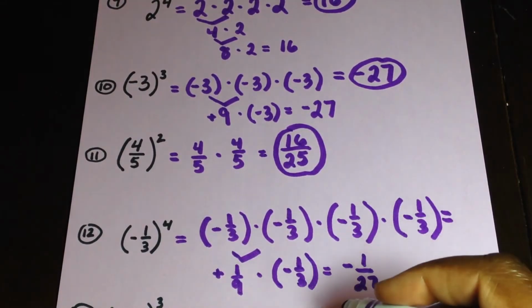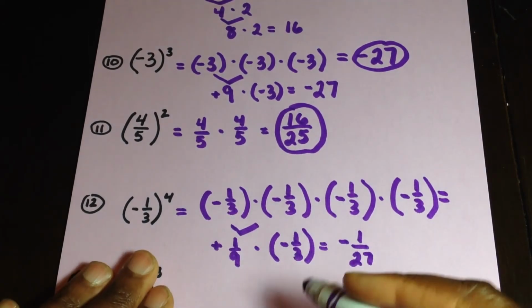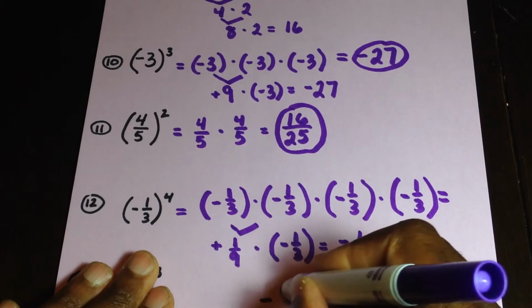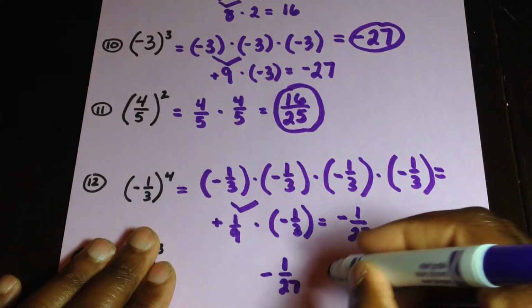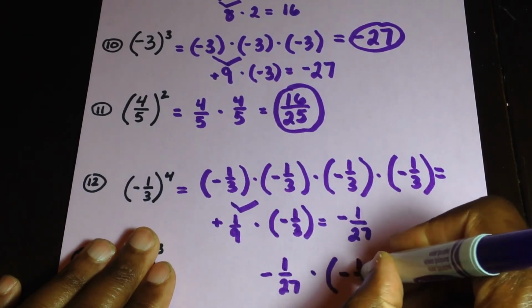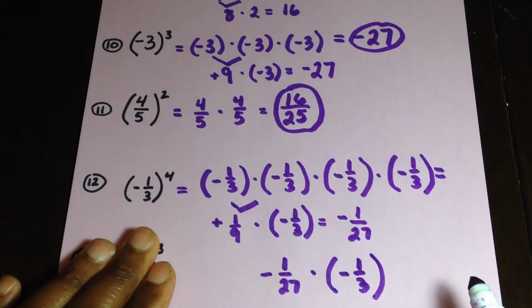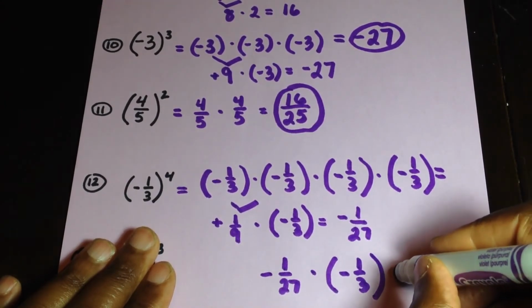So now I have the negative 1/27, and now multiplying it to this final negative 1/3. A negative times a negative is a positive.